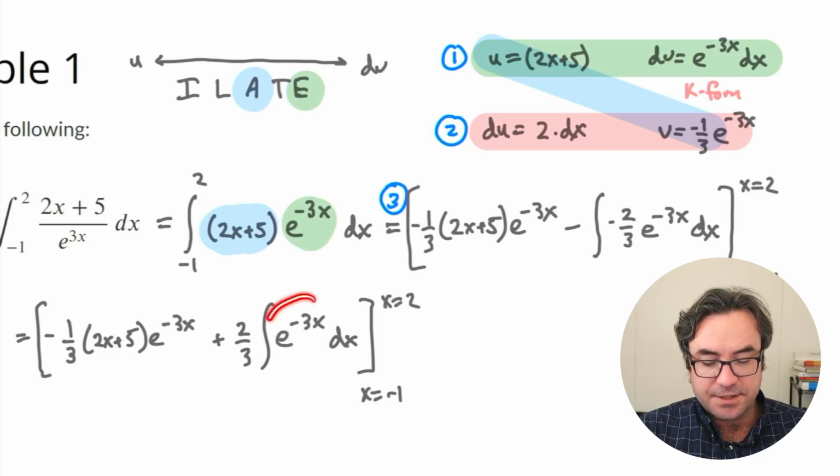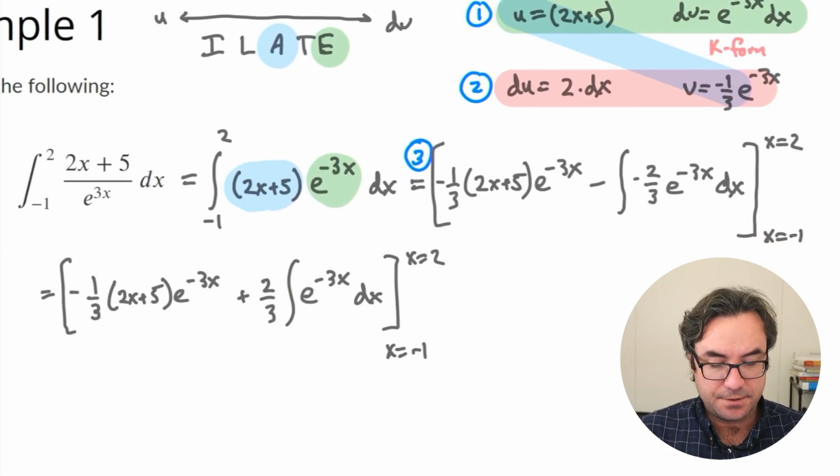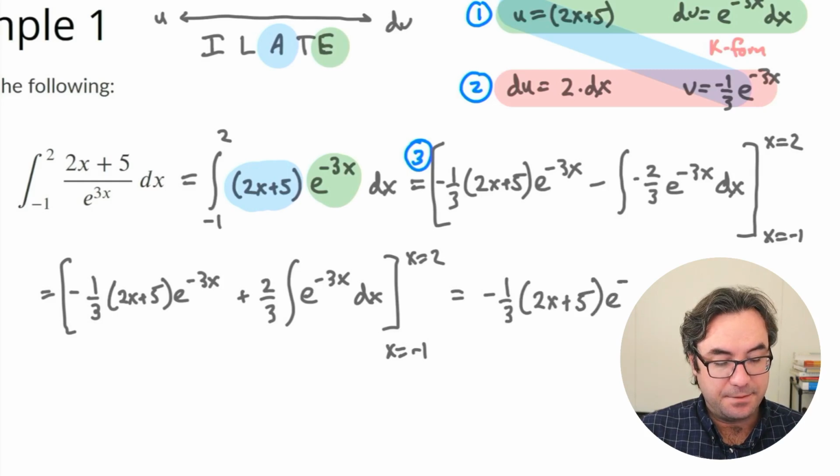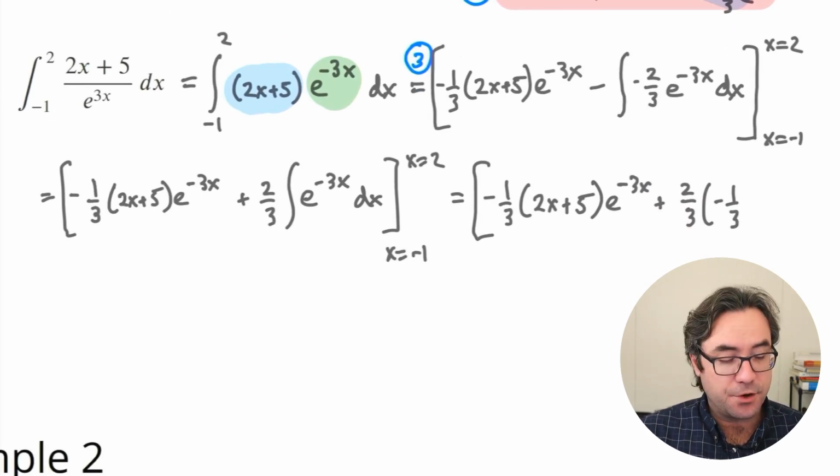In this case, e to the negative 3x, we know what its antiderivative is. So let's get it. And again, we have to keep writing everything. We've got our 2/3, and then the antiderivative of that exponential is -1/3 e to the negative 3x.